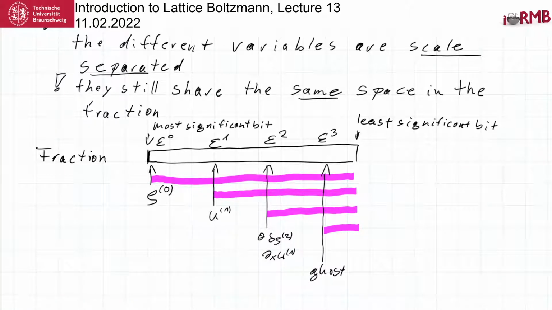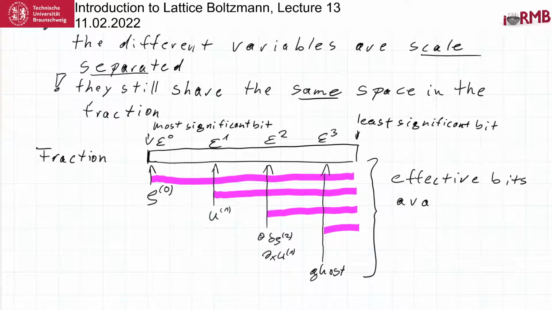And this basically means that the length of these scales here are the effective bits available for a particular quantity.